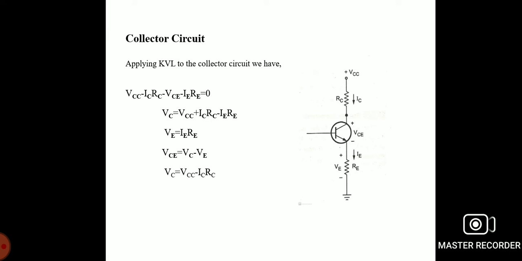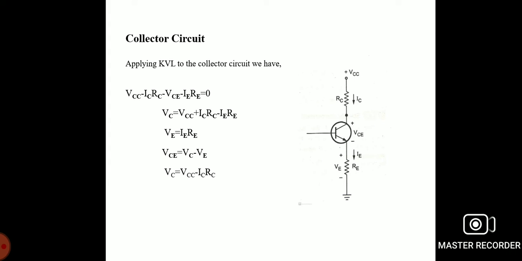The collector emitter voltage VCE is equal to the collector voltage minus the emitter voltage, and the collector voltage is equal to the supply voltage VCC minus the collector current and collector resistance.